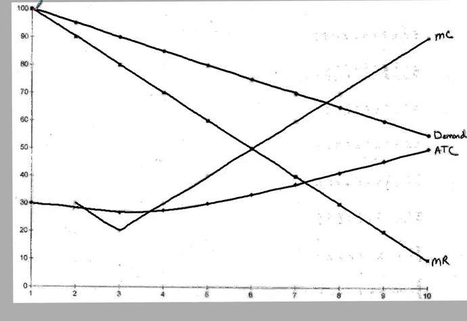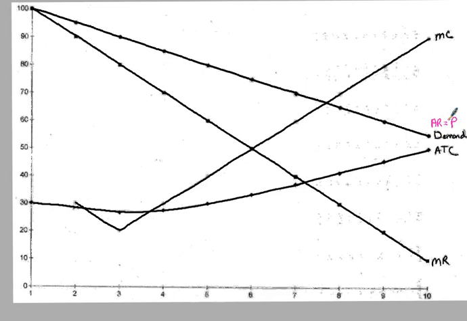And when you put price and quantity together, you're going to get a demand curve. So that's like my demand curve. And the demand curve really is some other things as well. The demand curve is also going to be the average revenue. And it's also going to be, as I just said, it's also going to be the price. So the demand curve is really 3 things at once.